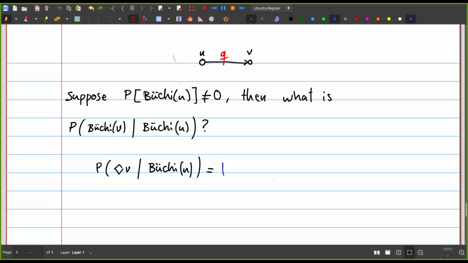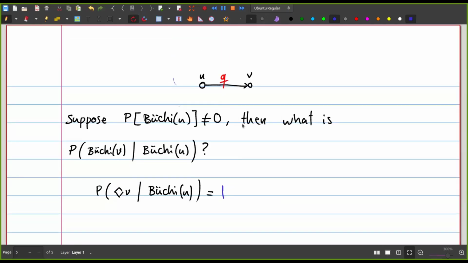And to see this, let's just consider it like this. Let's say, what is the probability that I go to v immediately after the first time that I'm seeing u? Well, that's just q. So the probability that I don't see v immediately after the first time that I see u is just 1 minus q.